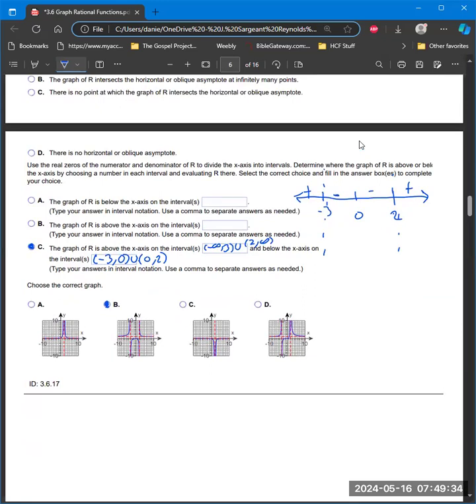It's kind of hard to see, but it's going to cross over here, and then it's going to approach the horizontal asymptote from the bottom. So watch out for that if you're drawing that by hand.